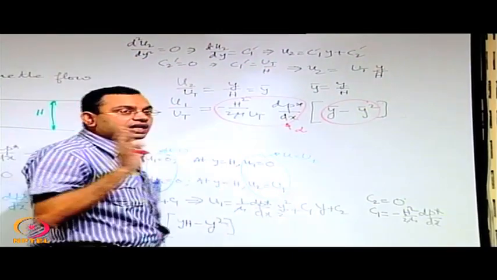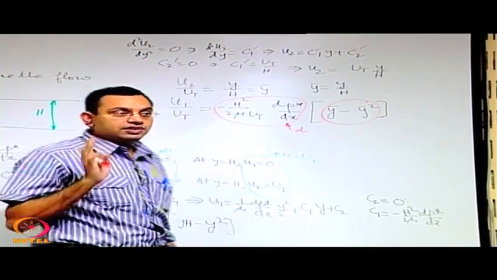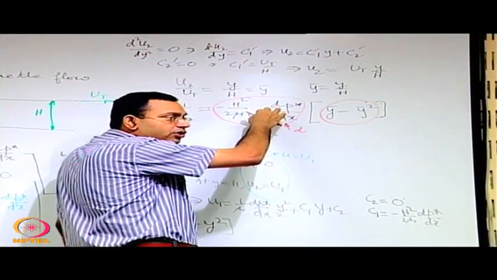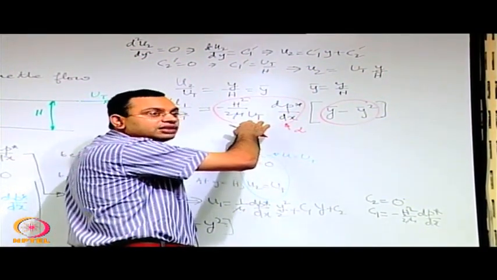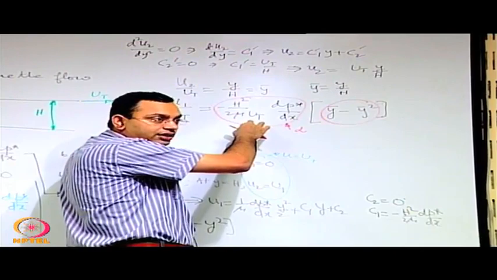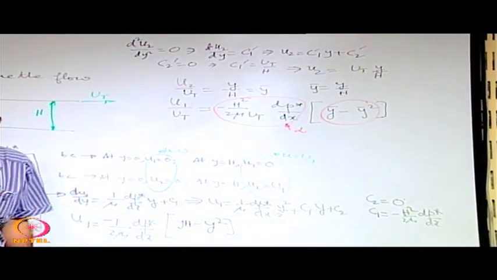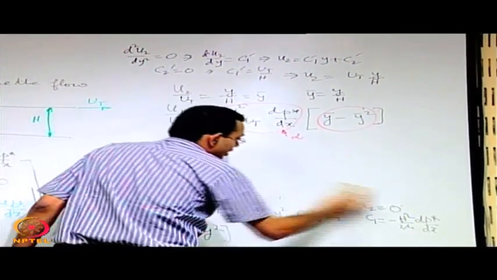Physically, alpha is a measure of the relative strength of the pressure gradient in driving the flow with respect to the plate velocity in driving the flow. Although it is mathematically a non-dimensional parameter, physically it represents the relative driving effects of the pressure gradient and the shear imposed. Now, with this understanding, let us try to write the resultant velocity, which is simply u1 plus u2.